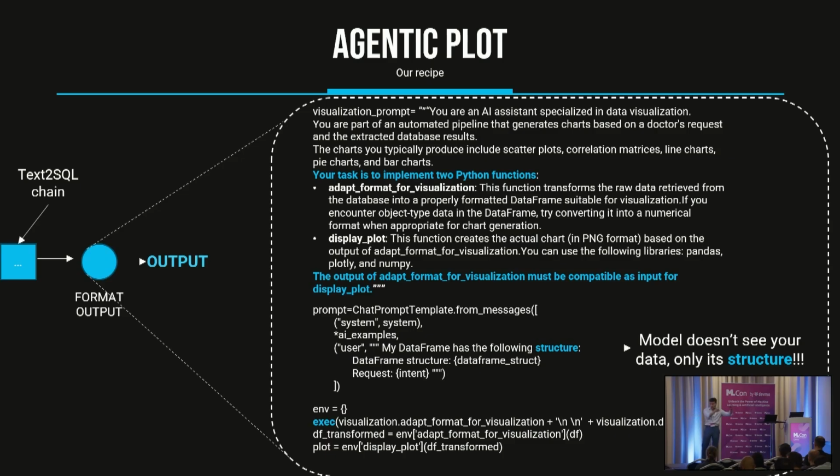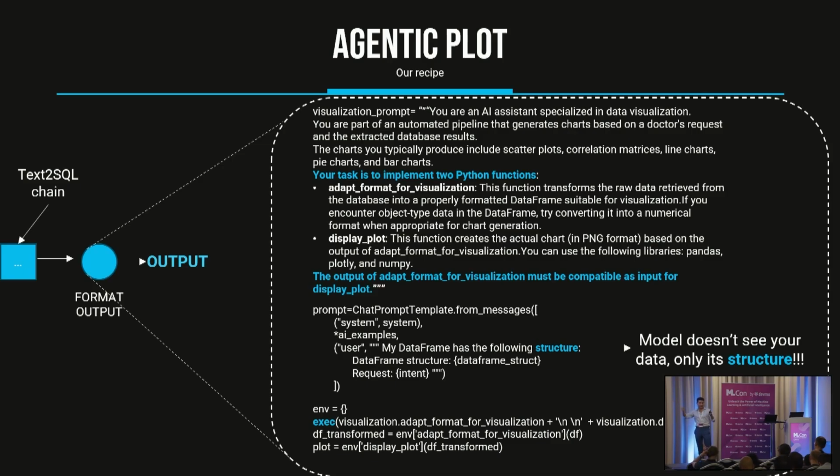We got a result from the database with a given schema, and we asked the model to generate a function to adapt the original schema to the scatter plot schema, and then to generate one more function, which is the pyplot or whatever framework you use, with the actual plot, but this function had to take as one parameter the data transformed by the first function.